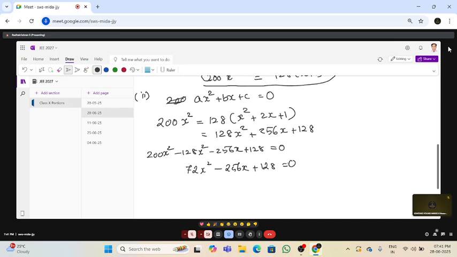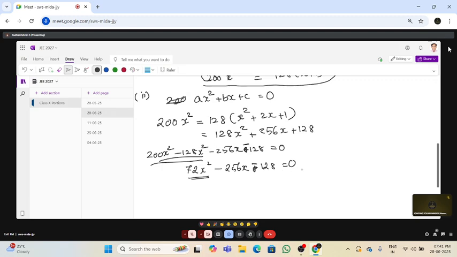When I bring this 128, this is minus, and this is minus. So 200x square minus 128x square minus 256x minus 128 equal to 0. There are 2 terms with x square, so I can subtract 128 from 200. So 72x square minus 256x minus 128 equal to 0.